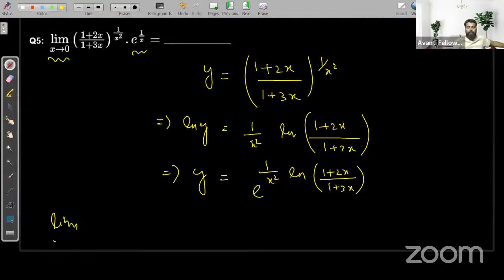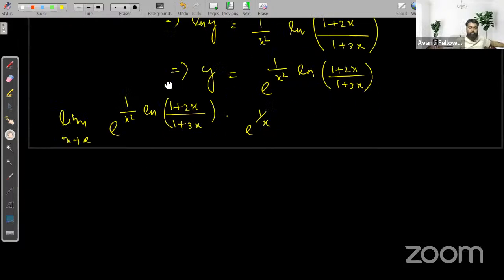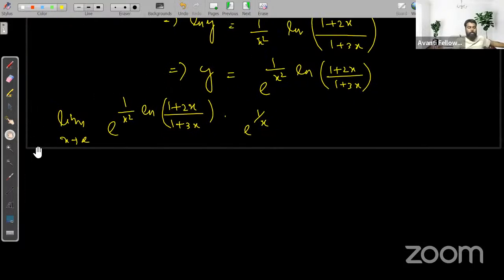Limit extending to 0, e to the power 1 by x square ln of 1 plus 2x divided by 1 plus 3x into e to the power 1 by x. Okay, so this is the limit we need to evaluate. So let's see.